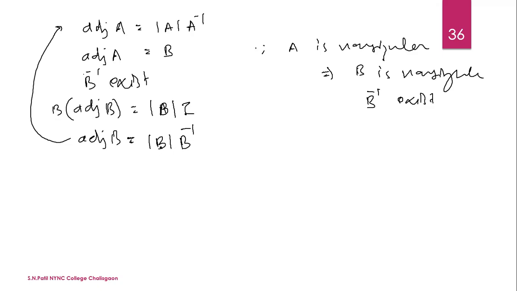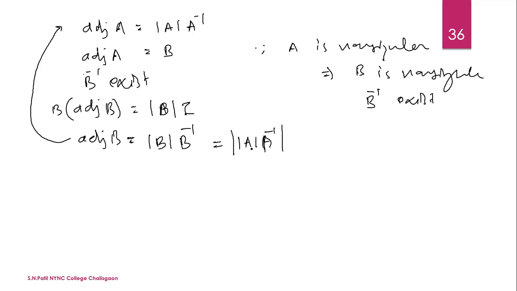Now what is the value of B? B is determinant A into A inverse. I am writing here determinant A into A inverse.